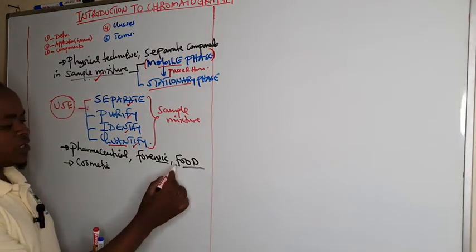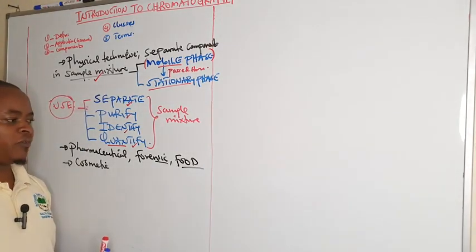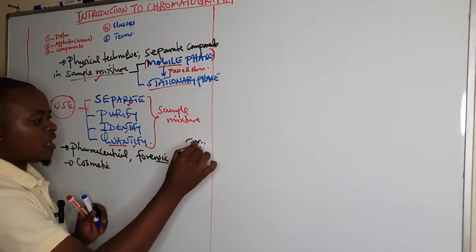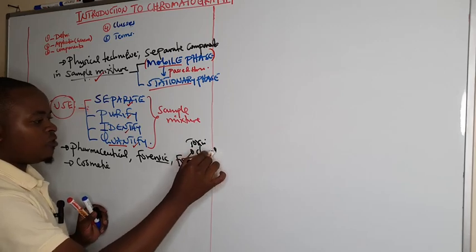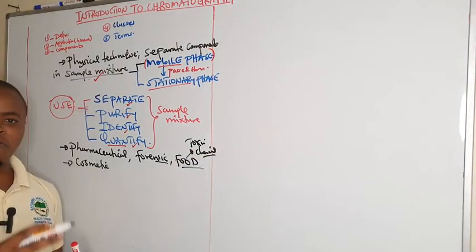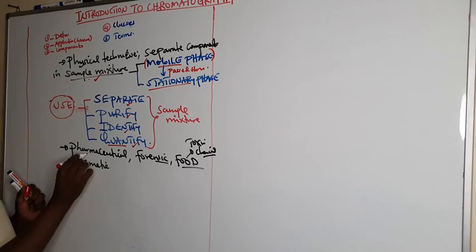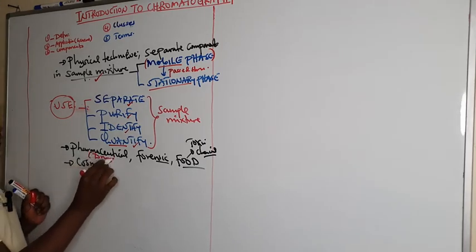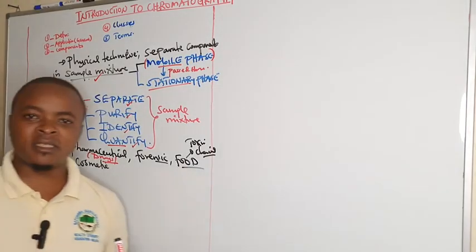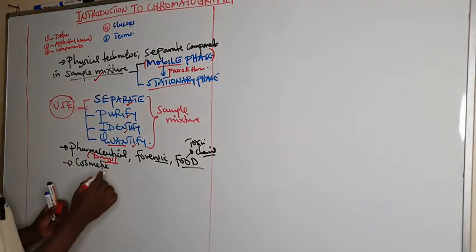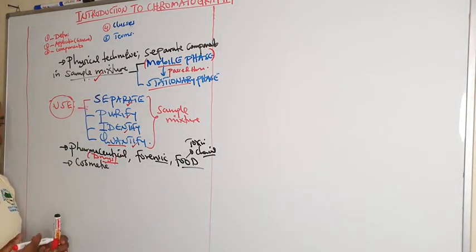In the food processing industry, we can use chromatography to identify if there are certain toxins or chemicals in food that might be harmful to man before being released on the market. The same thing in pharmaceutical, whereby we're using it to purify drugs, to identify if drugs contain toxic substances, to remove impurities, and also to determine the chiral center of these drugs and their interaction.